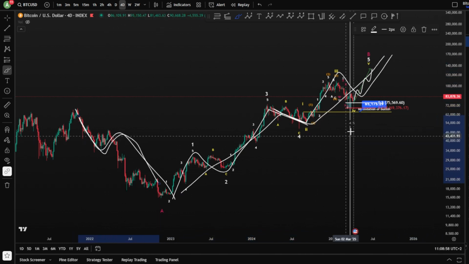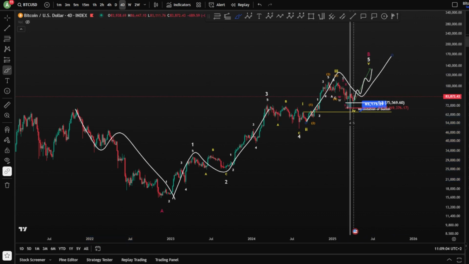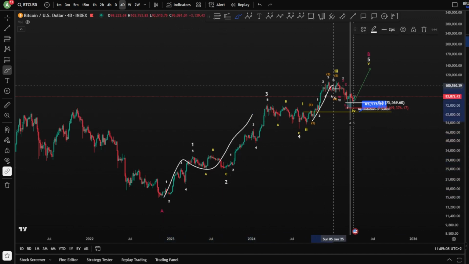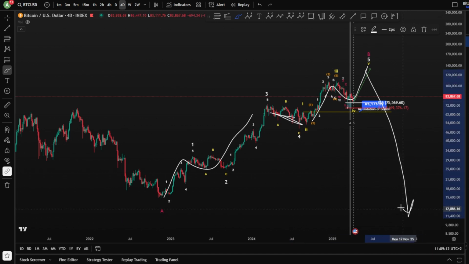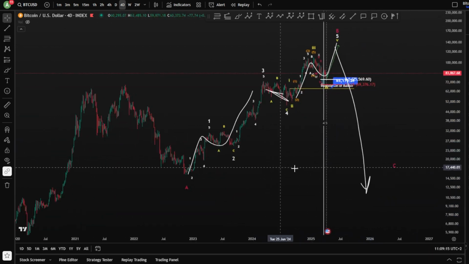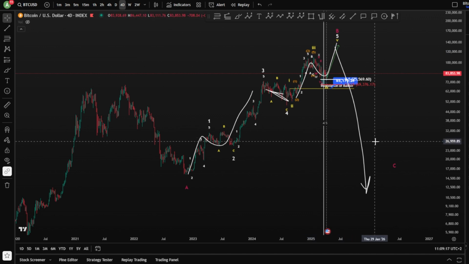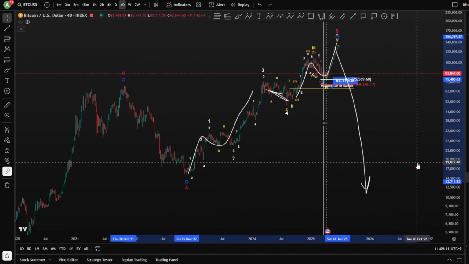So there is a potential, even with this bull run, of course, that one more leg might unfold, it can transform it as well into a big W, X, and a Y, of course, with double zigzag. And with an X as a bridge, and then moving down, of course, we're talking about a big bearish scenario as an A, B, and a C, that might happen, of course, between the 20 and the 30Ks.